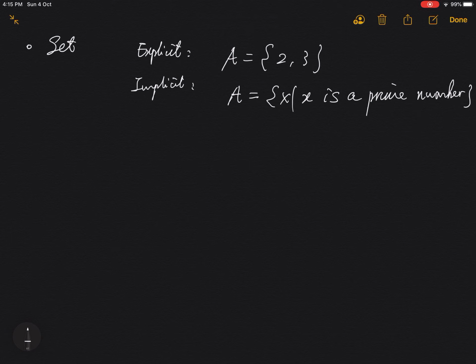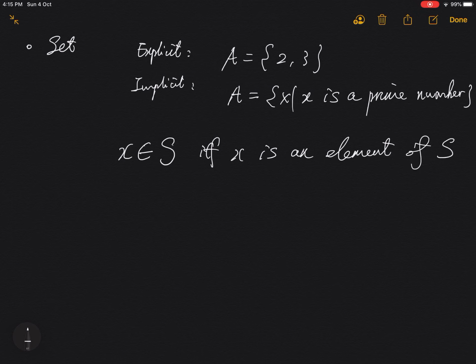And then we will talk about the membership. We denote X belongs to a set S if and only if X is an element or is a member of set S. Okay.